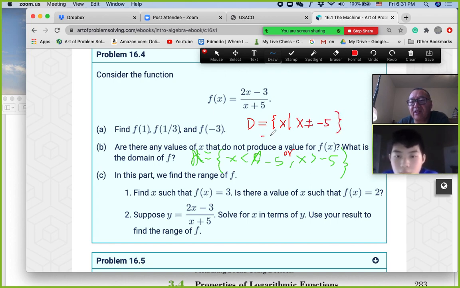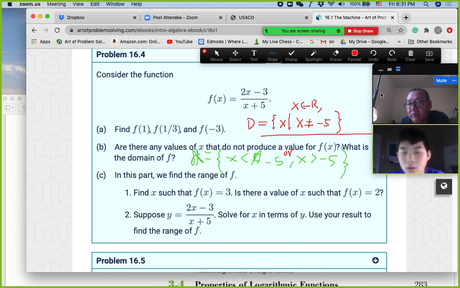Just like this. Suppose they maybe allow x to be a complex number, then you can write x belongs to real numbers and x not equals negative 5. But usually just write like this, that's good enough.